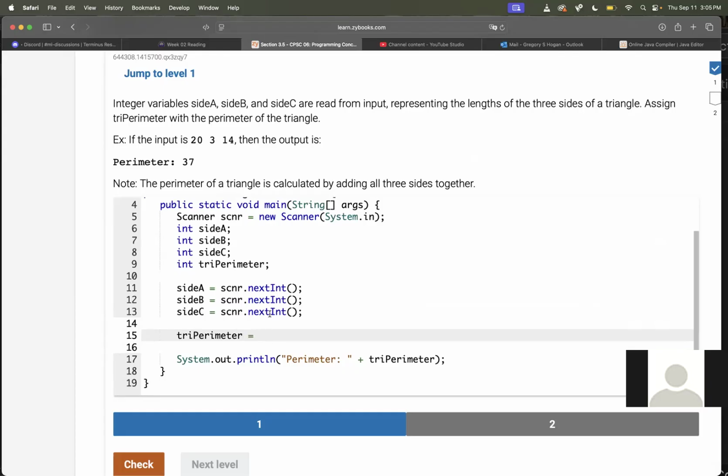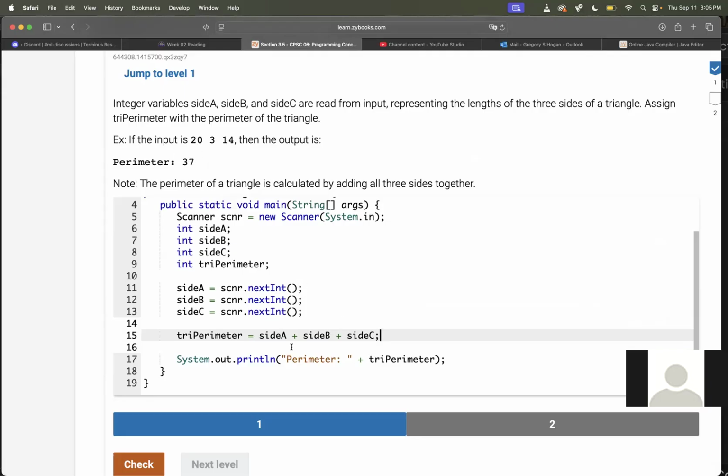And perimeter is the distance around, so it's the sum of all the sides. So it's side A plus side B plus side C. And that's it. And in their example, 23 and 14, 20 plus 3 plus 14 must add up to 37.